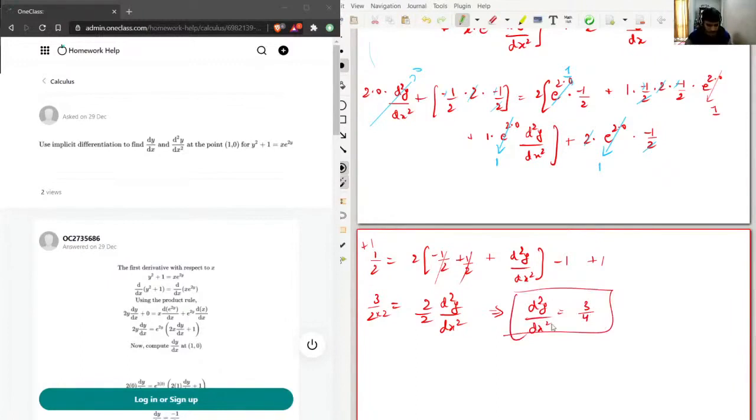So this should be the answer given here. So finally we have also completed the second part. For the first part, dy by dx was negative 1 over 2, and d square y by dx square is 3 over 4.